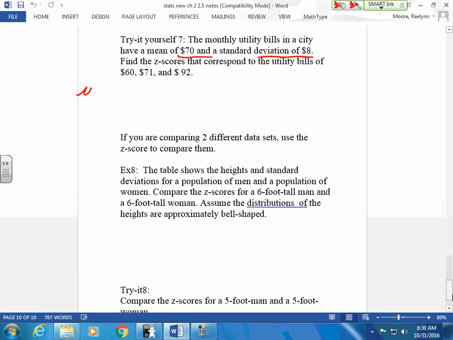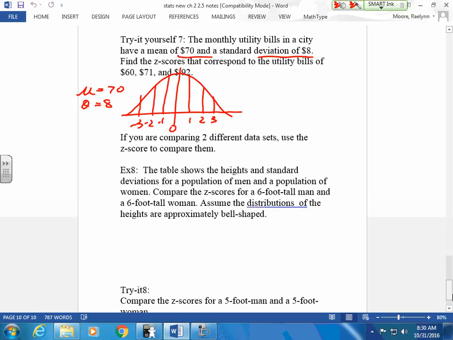Pull this information out. So the first thing we're going to do is graph this. Remember, we have 3 positives, we have 3 negatives, and the middle is the mean. So 70, add 8, just keep adding 8. I want you to get used to this, and subtract 8.